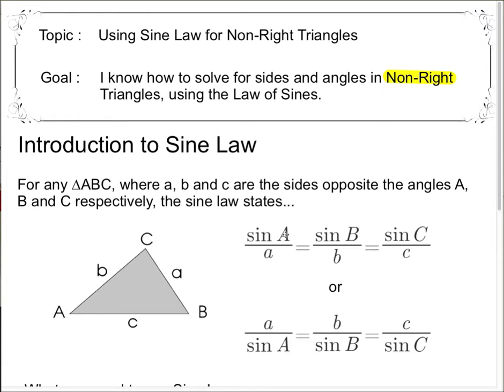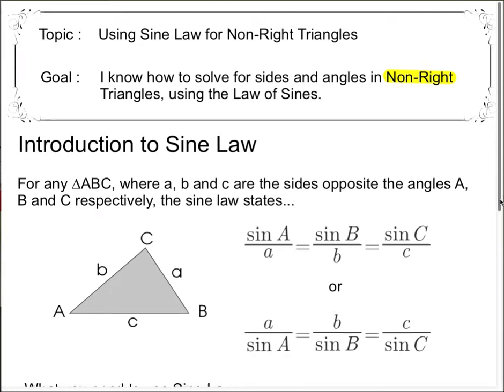Now, the first one is much easier to solve if you have what you're solving for on the top of your ratio, and then you can just solve by isolation. So we're going to use this one for solving for the angles, which are the capital letters, and we're going to use this one for solving for the sides. So sides on top, solving for sides.